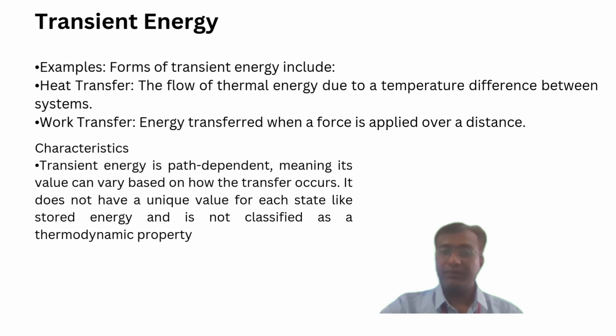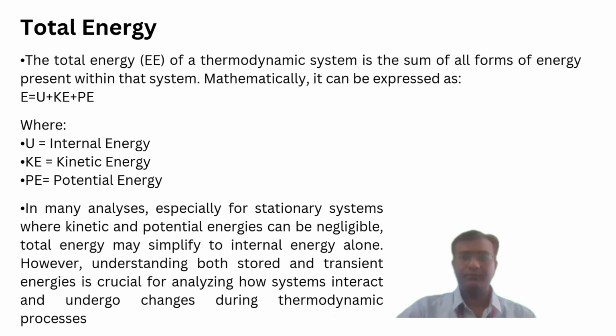Now that we have a clear understanding of both stored energy and transient energy, let's bring everything together and define the total energy of a system. Now we have explored stored and transient energy.